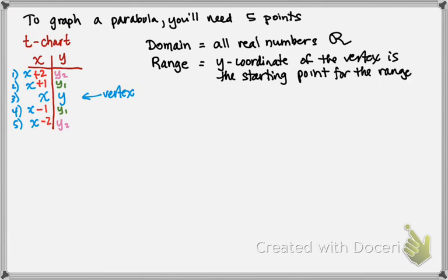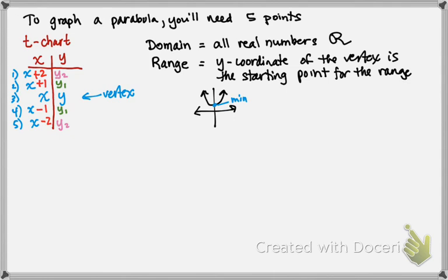Okay, so let me give you 2 scenarios. Let's say we have a parabola, and let's say that it's facing upwards. So we're going to have a vertex that is a minimum. Notice that your y values go from that point up. Let's say that point is 2.